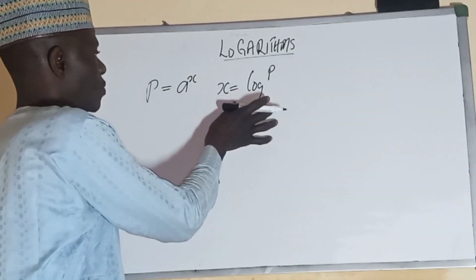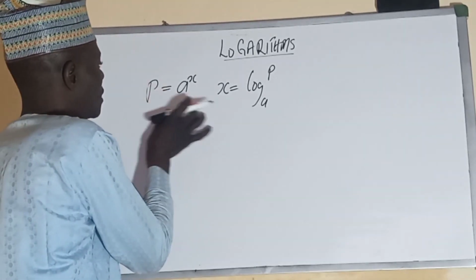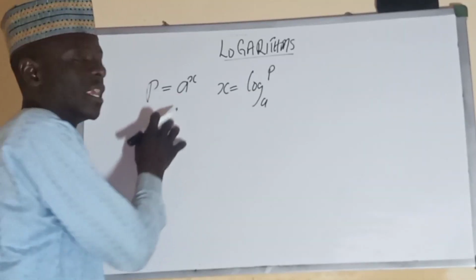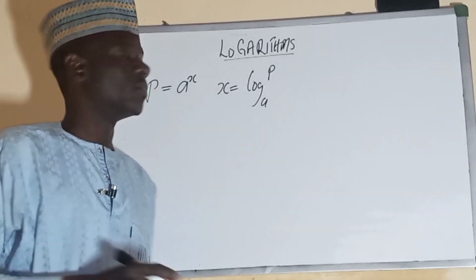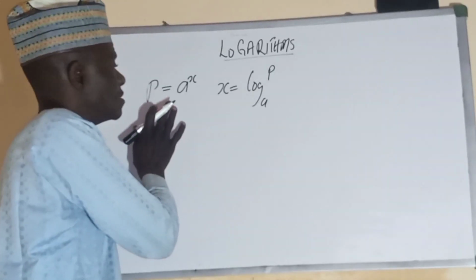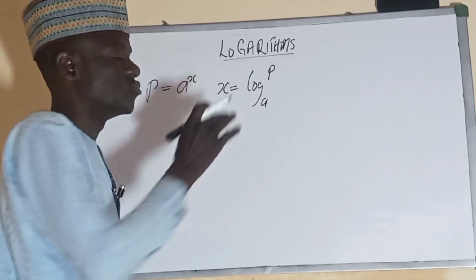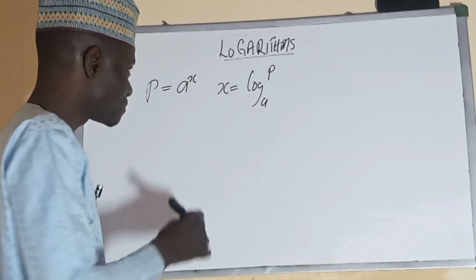This is what we call the logarithm. This equation is called the index form, and this one is called the logarithmic form. That is the relation between the two, and they are equivalent equations.